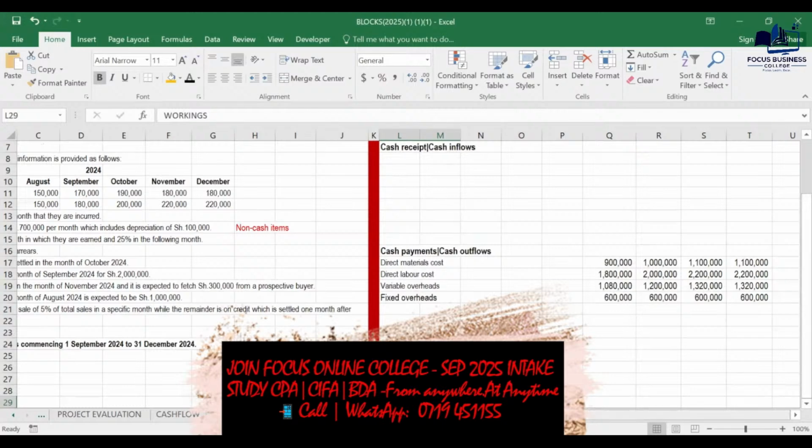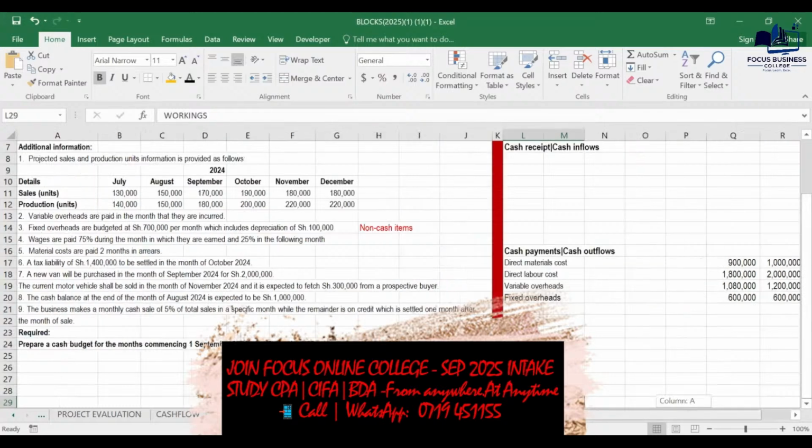Wages paid. And I think here I will need to capture how many months? I will need to capture 5 months starting from August, because we are told wages are paid, 75% in the month in which they are earned, 25% in the following month. So it basically means that some of the wages for August were paid in September. So I'll have to capture 5 months, including August. So I'll copy all this.